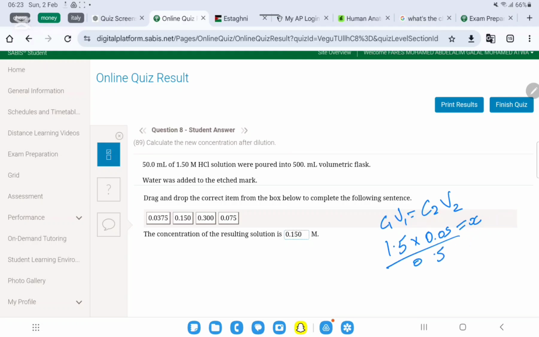You put it in the calculator: 1.5 times 0.05 over 0.5, you get 0.15, and 0.150 because in the options it's with the 0 at the end.